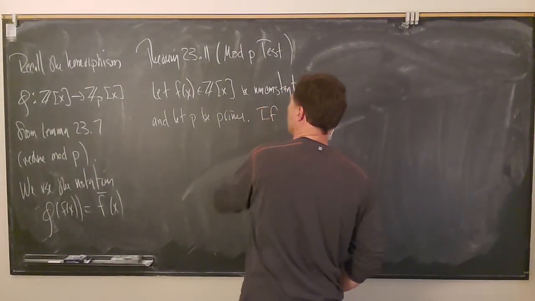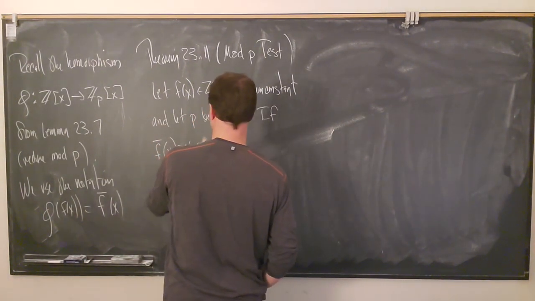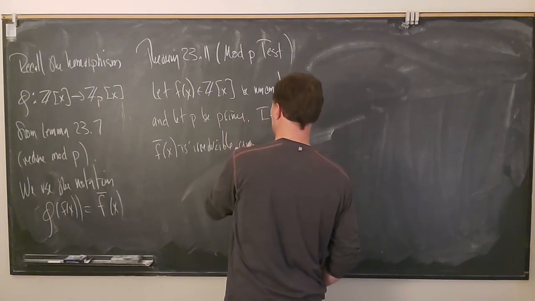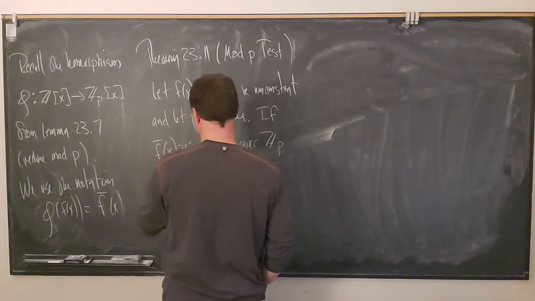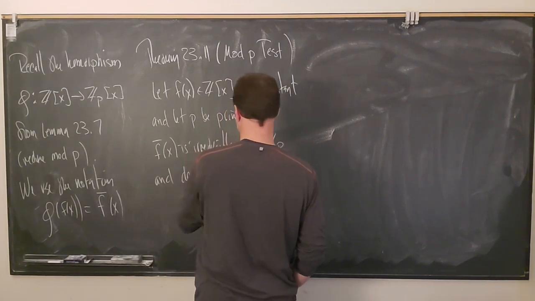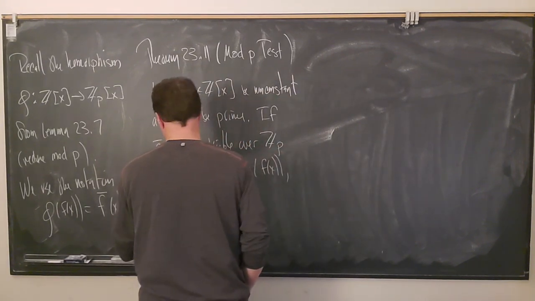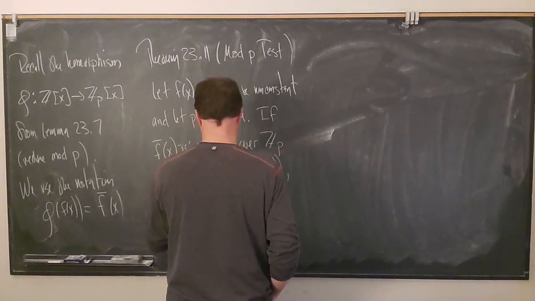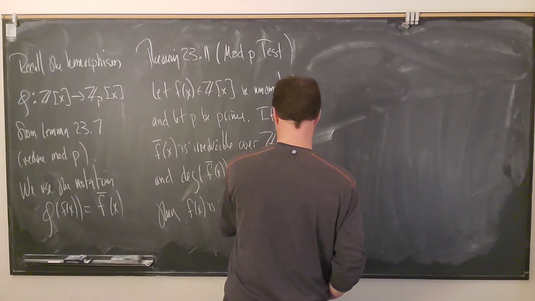If f bar of x is irreducible over Zp and the degree of f bar of x is equal to the degree of f of x, then f of x is irreducible over Q.